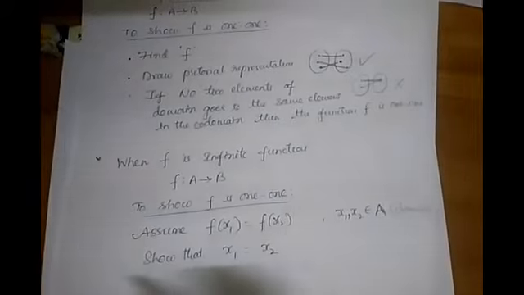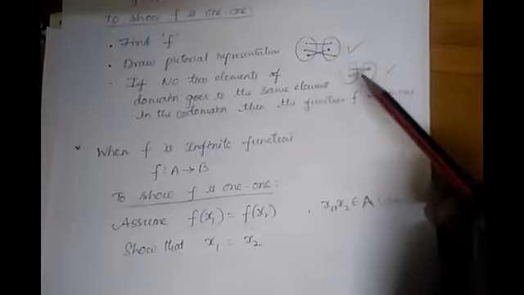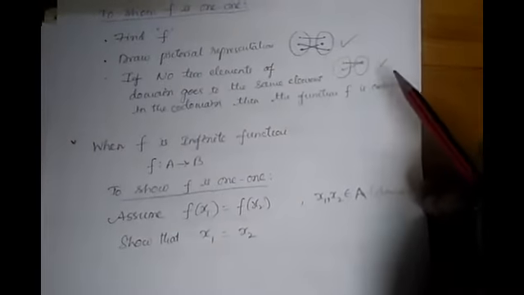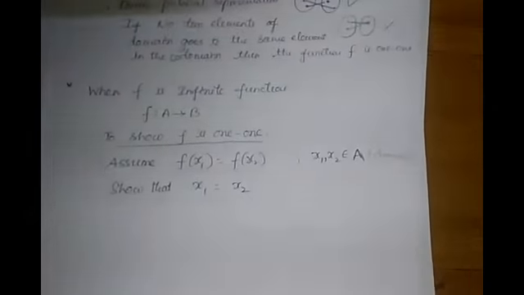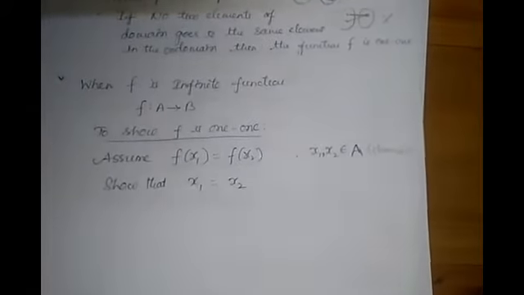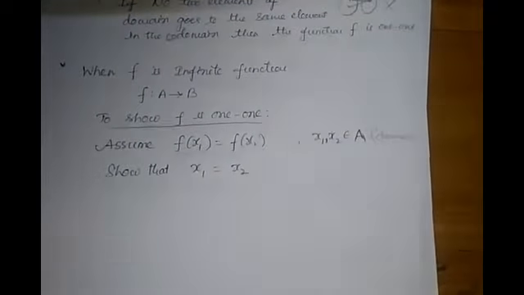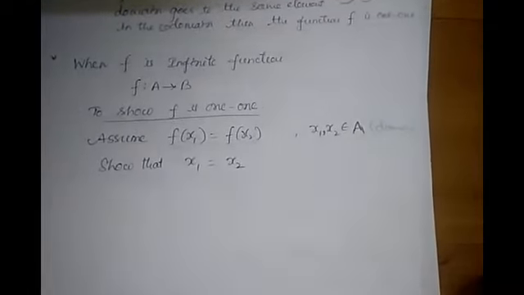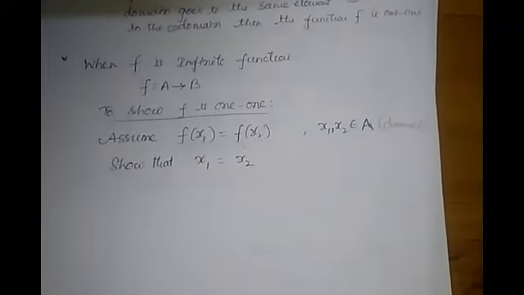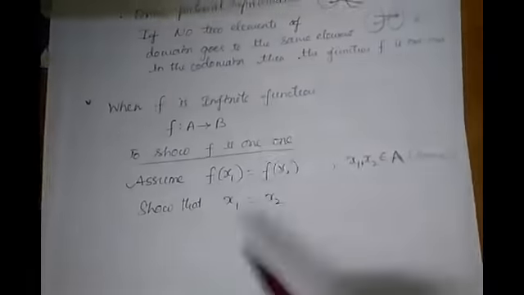When the function is a finite function, it is easy to represent it pictorially. But if f is an infinite function, that means it has a domain with infinitely many values, you cannot pictorially try to see whether two elements are pointed to the same element. It is pictorially impossible to check this for infinitely many elements. So there is a proof technique.